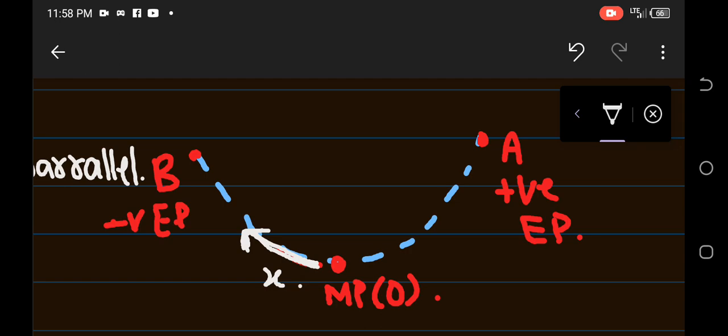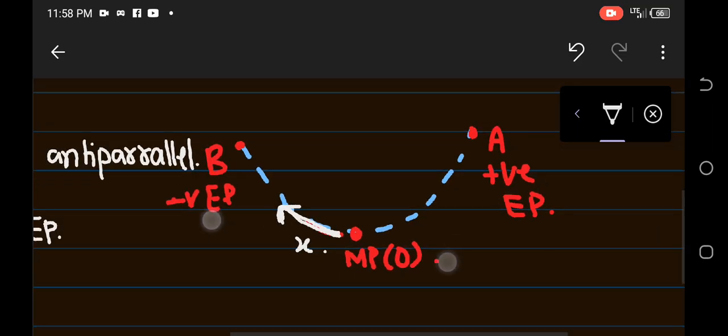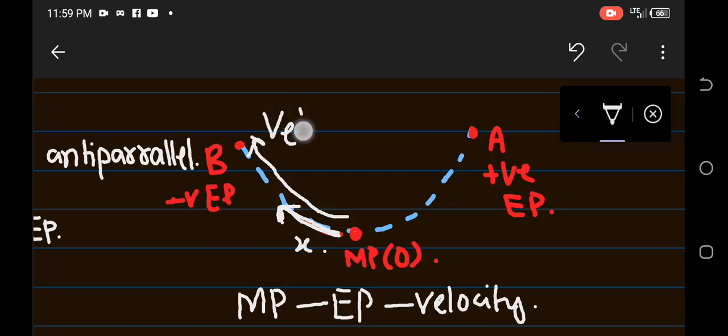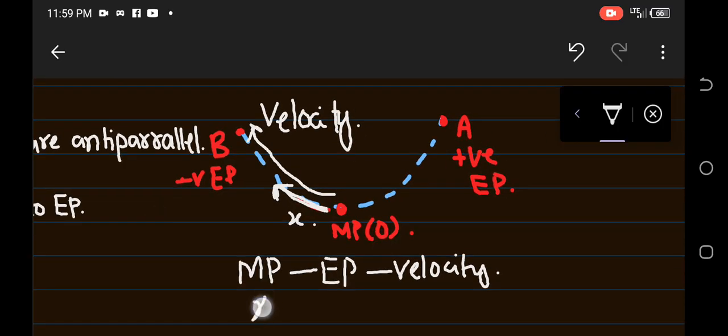And we know how the body performs the motion. Where is the motion of the body basically starting from? Now here you can see the motion of the body is from mean to extreme, and the velocity decides that. Where is the velocity taking it? This travels the velocity from mean to extreme, which is negative extreme. This is velocity. And we know that displacement is also from mean to extreme. So here you can see velocity and displacement are in the same direction.